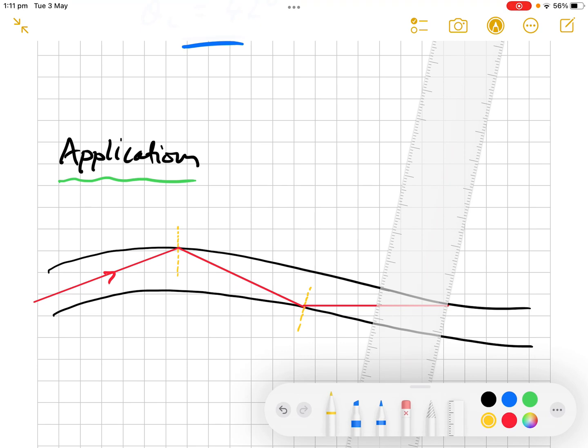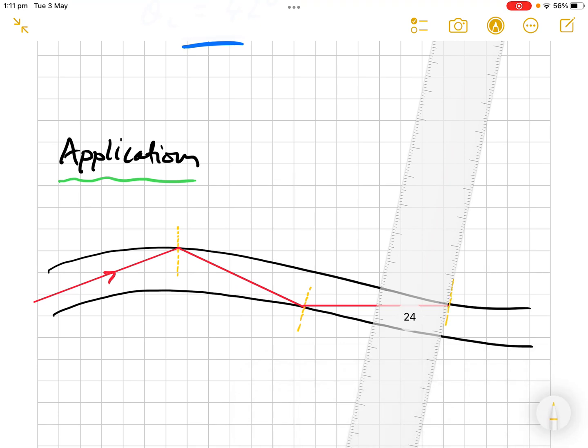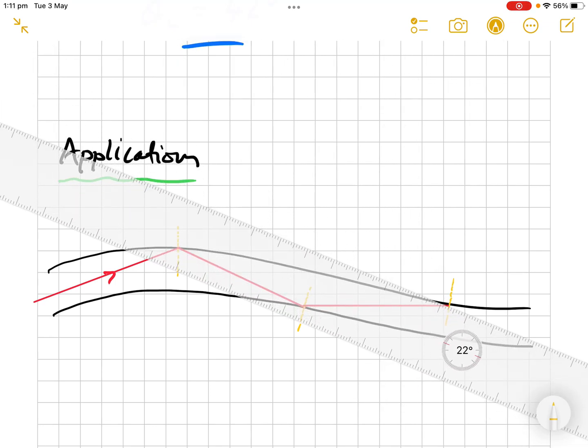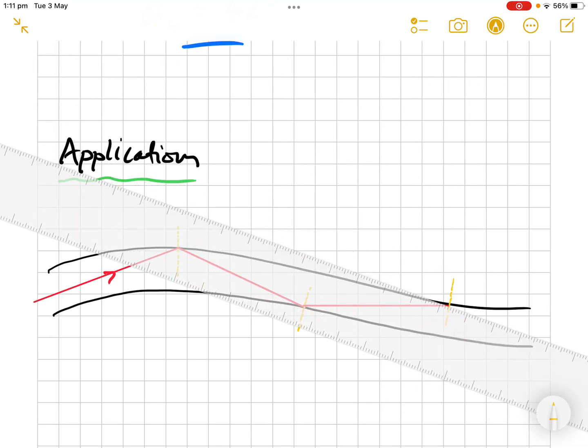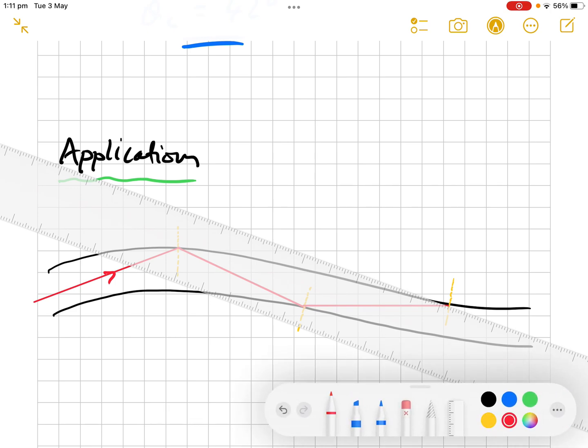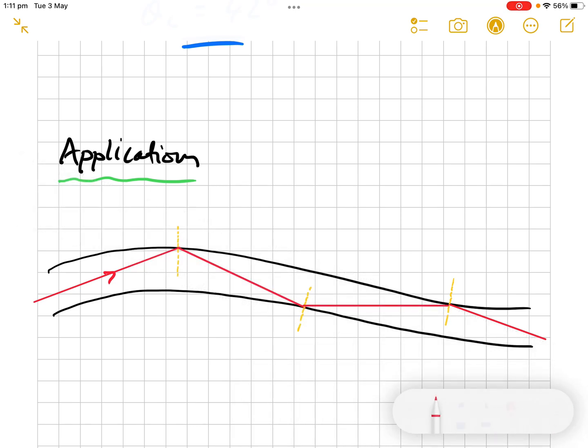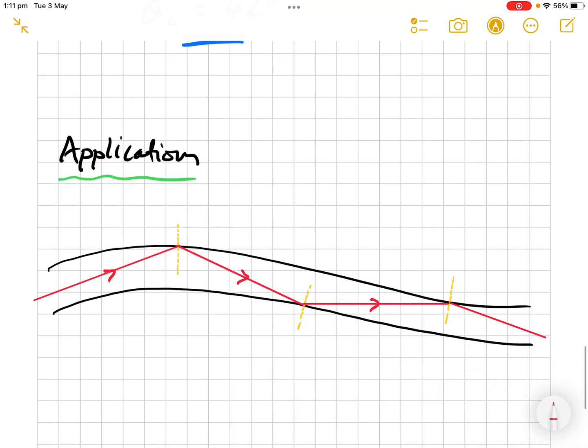Because every time it hits the boundary between the optical fibre and the surrounding coating, and then ultimately there's air outside of it, you get total internal reflection all the time. If you're ever drawing these diagrams, remember the arrowheads. So you get total internal reflection there, and there, and there, and so on, and so forth.